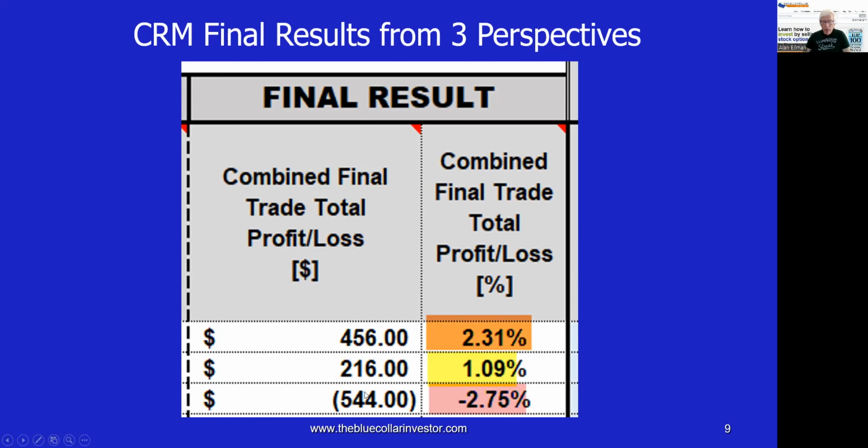When we calculate that 1.09 and deduct the loss on the stock side, that's a maximum loss of 2.75%. So you can clearly see the range here, a max return of 2.31, a break even if the price doesn't move, we have a net return of 1.09, again 31-day return, and then the max loss of minus 2.75%.